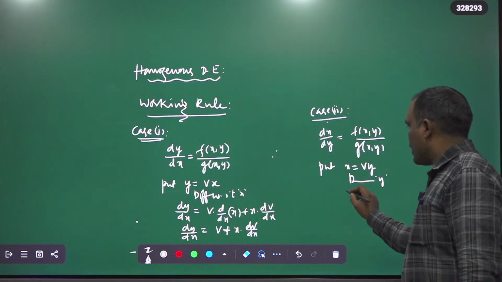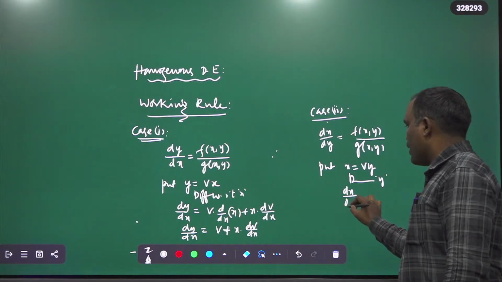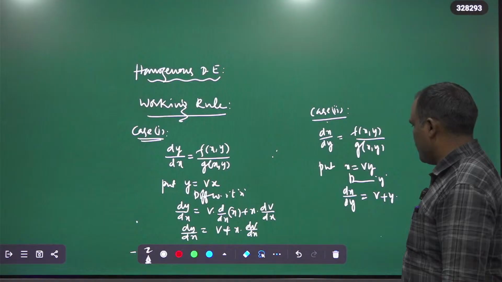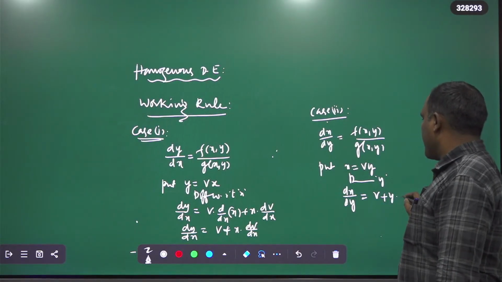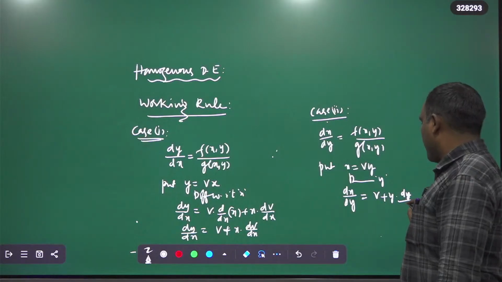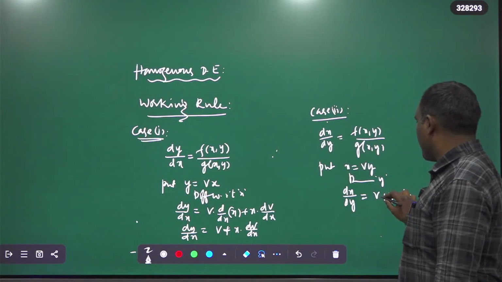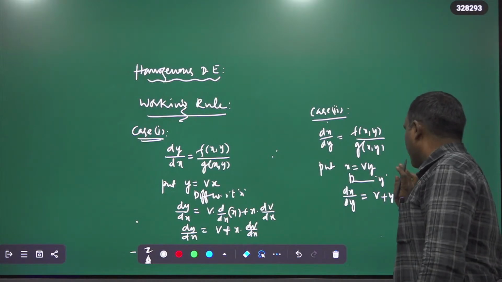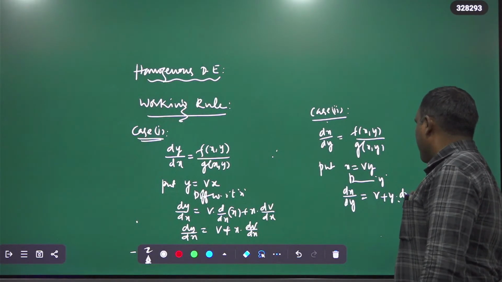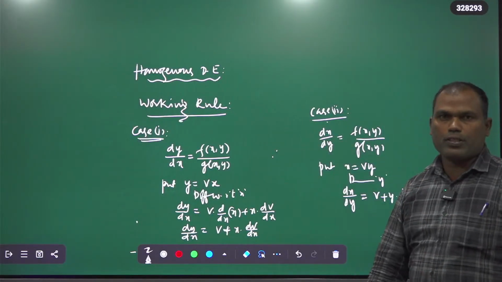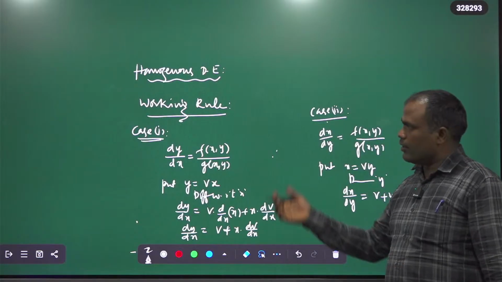So what you will get here: dx by dy equals v plus y into dv by dy. Then substitute in the given differential equation, and we get a solution.